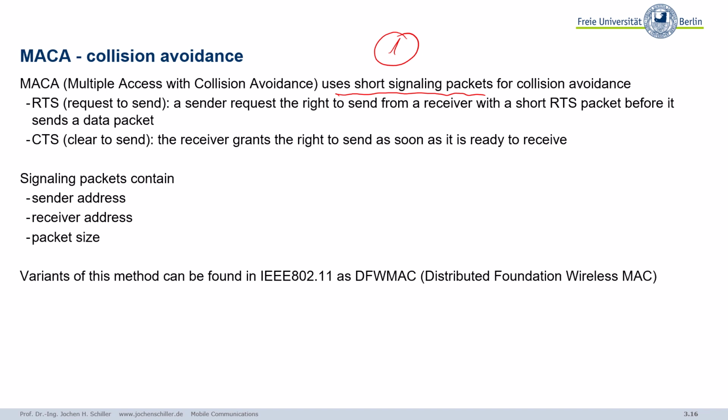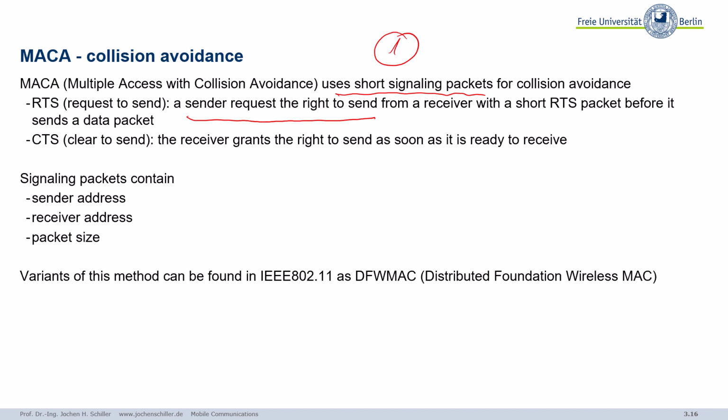RTS, that means a sender requests the right to send from a receiver. And the packet is short. That's important. A short packet compared to the longer data packets. And then there's a CTS, a clear to send packet. This is used for the receiver to grant the right to send as soon as the receiver is ready to receive.